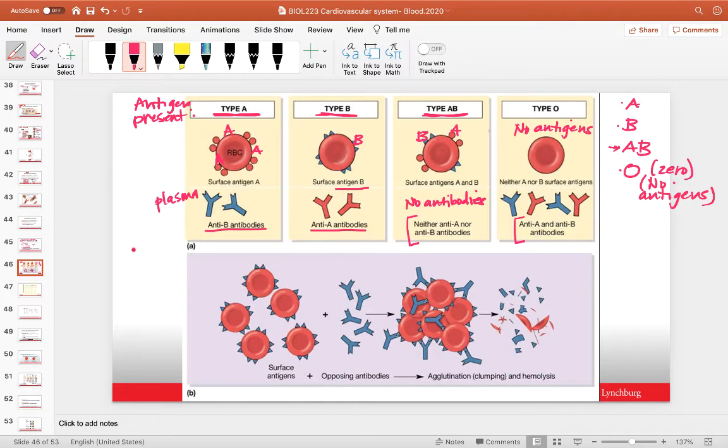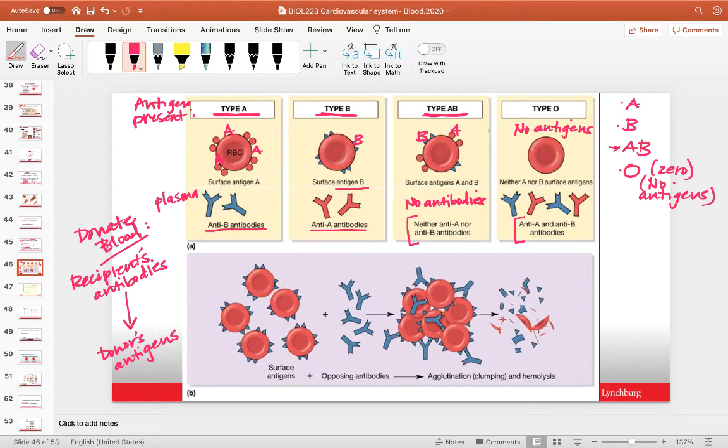So basically what's going to happen is when you donate blood, so in the scenario of donating blood, okay, we're going to have the recipient's antibodies basically reacting to the donor's antigens.